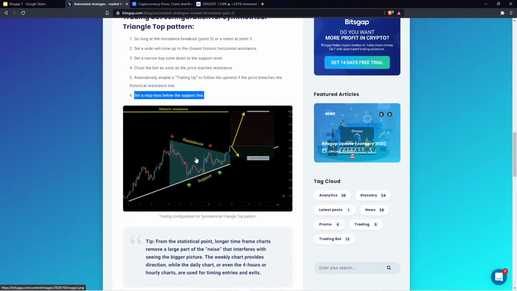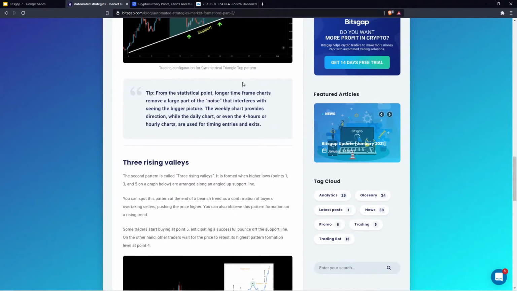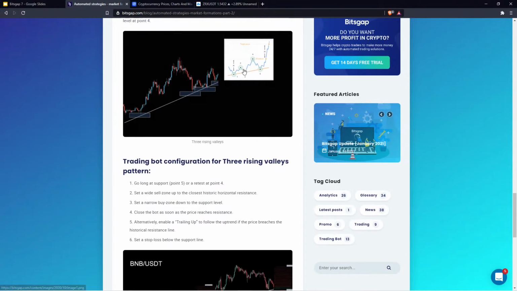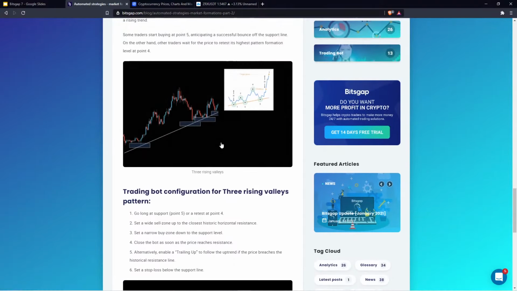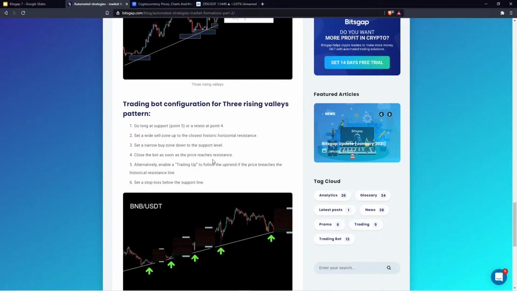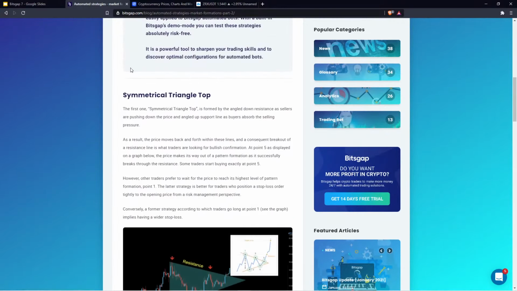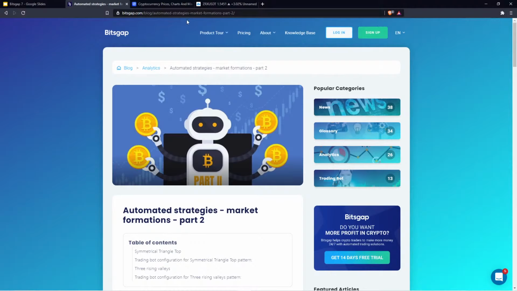Okay, so everything, guys, is here for you if you are unexperienced, if you are a beginner, and you will find these articles very useful for sure. And even if you are an experienced trader, you can use this article to find new configurations that you've never used before, but you can try them out. So you can always trade them in the demo mode to experiment before risking your real money.